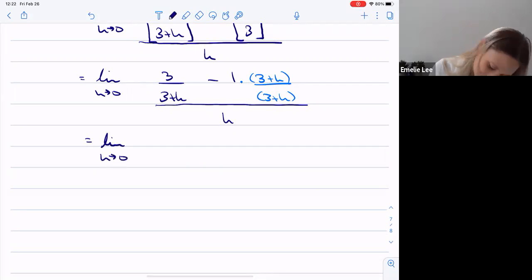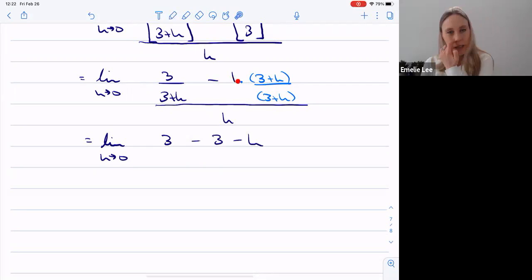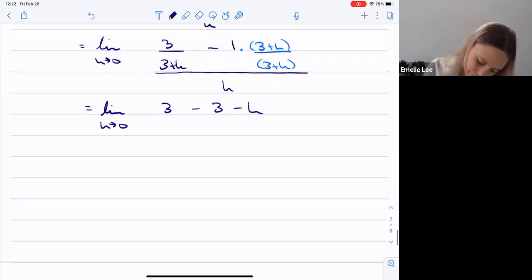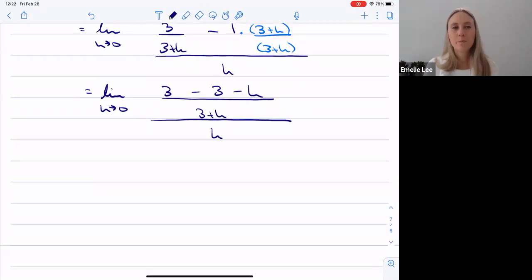So the limit as h goes to 0 of 3 minus h. Be really careful here. In this case, it was a simple expansion: -1 times 3, -1 times h. If this was a bigger function, I would probably do it in multiple steps, not try to bring in the negative at the same time. That's just a side note to be careful, but over 3 plus h, all over h.